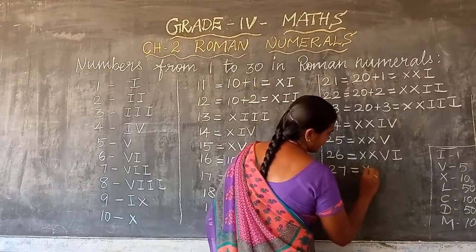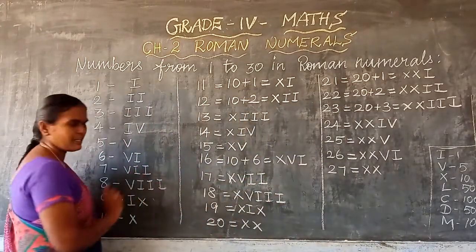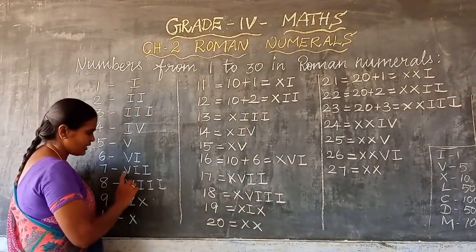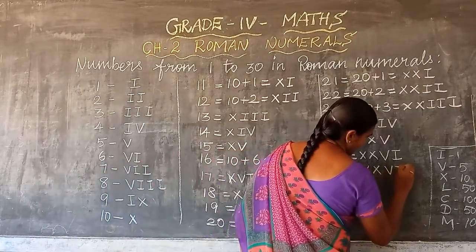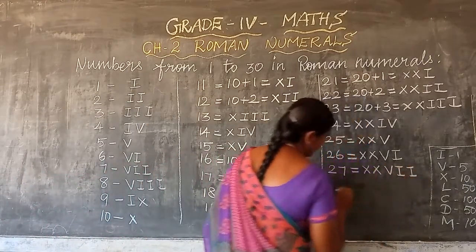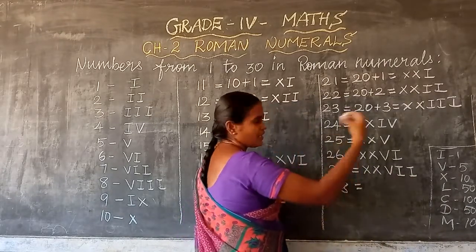27: 20 plus 7. 20 means XX, 7 means VII. So XXVII. 28: 20 plus 8.